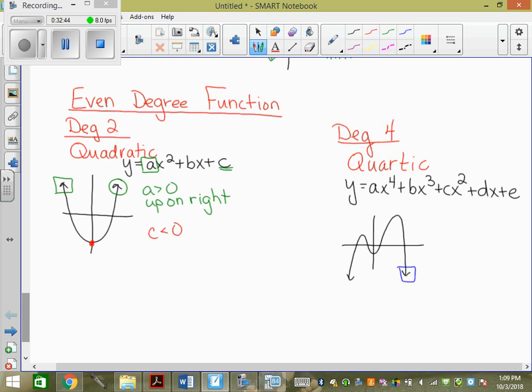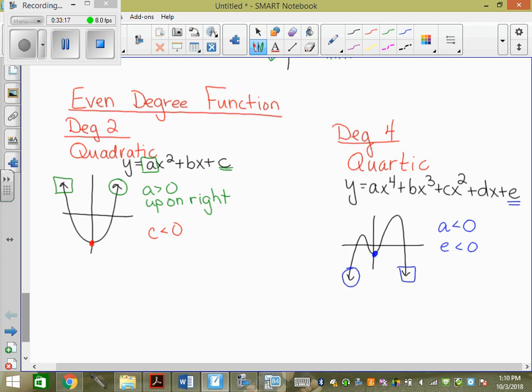On the right, it is down. So what's my a? Less than 0. That doesn't change whether it's degree 1 or 2 or 3 or 4 or 5. The only thing that changes is I'm also down on the left because it's even, right? Even, you end in the same direction. Odd, you end in opposite directions. And what's my e this time? Negative, because my y-intercept is negative.